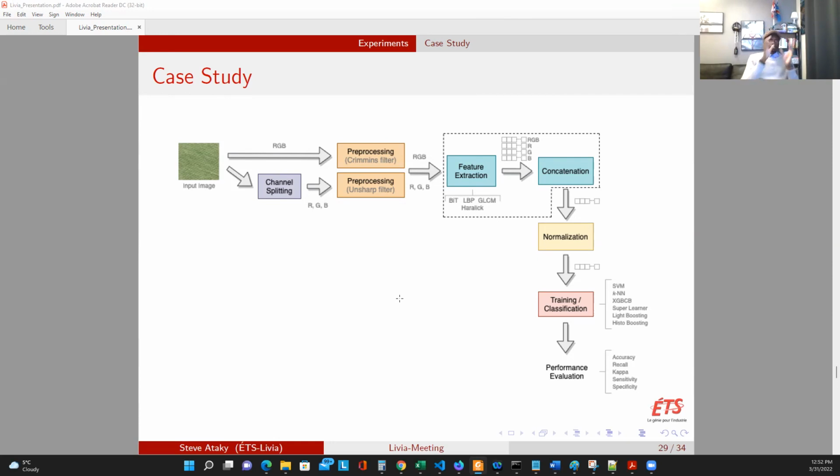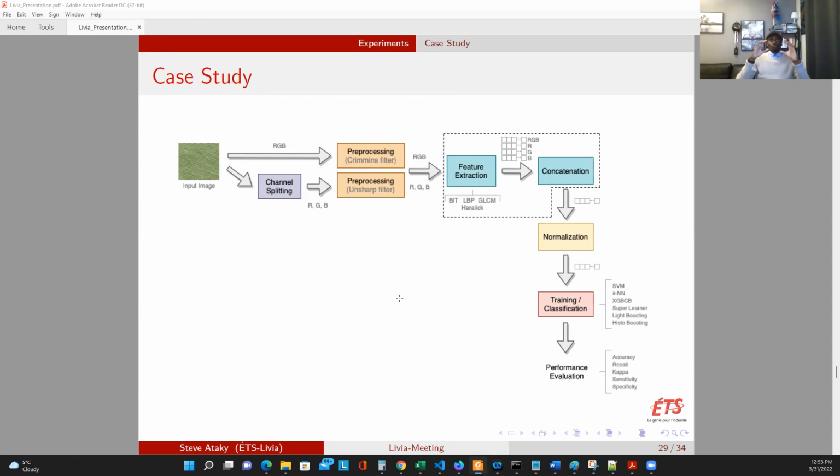For the BIT, we extract the BIT, and we use the same pipeline to extract GLCM, LBP, and so forth. For each descriptor, the features from all the channels are then combined to make a single feature vector. And then we normalize, but the normalization was different.